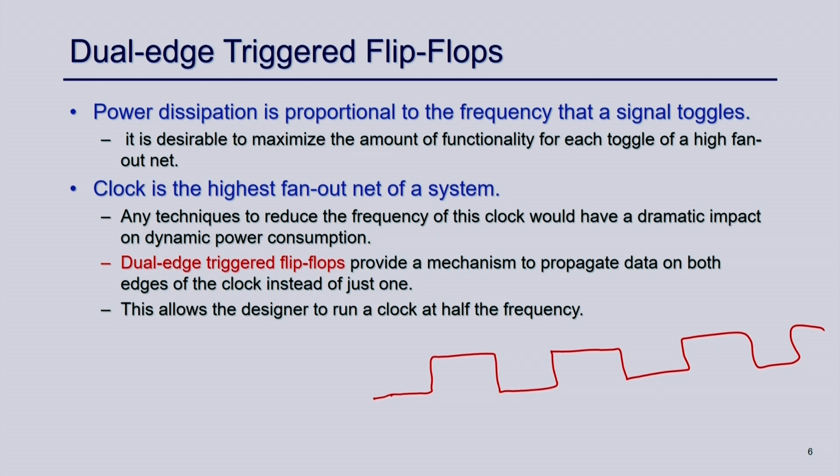So, if your current design is running at say 100 megahertz and you make it half, that means now your circuit will run at 50 megahertz. So, the number of toggles of the clock will be exactly half, because now the clock period is double the previous one. This is really important, but on the other hand, if your circuit is meeting the timing requirement at 100 megahertz and you make it 50 megahertz, your design will not work.